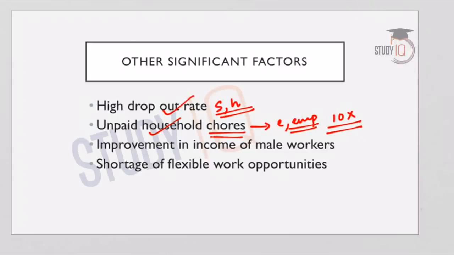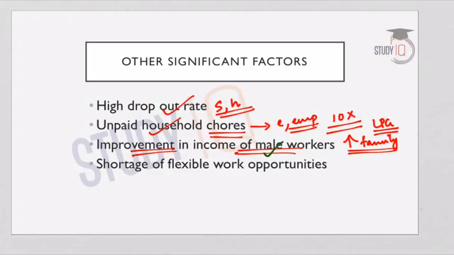And thirdly, the improvement in the income of male workers. When the male counterpart in a family earns more income, this leads to an increase in the family income, especially in an era of liberalization, privatization and globalization where there are many opportunities. When the male member earns more income, the female member doesn't go for employment, and this has also impacted the gender gap.